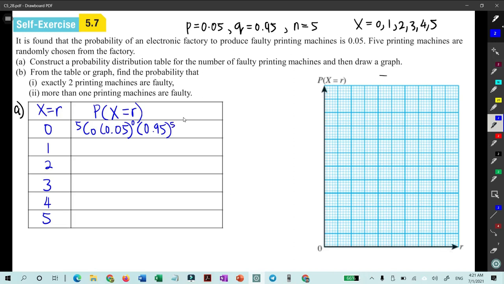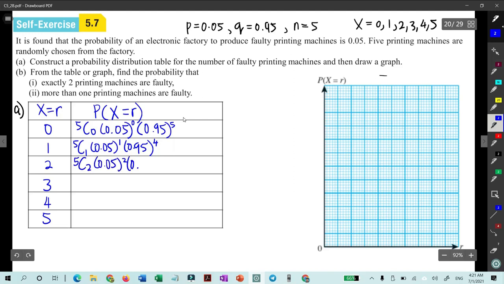Next, 5C1, 0.05 to the power of 1 times 0.95 to the power of 4. 5C2, 0.05 to the power of 2 times 0.95 to the power of 3. 5C3, 0.05 to the power of 3 multiplied with 0.95 to the power of 2. 5C4, 0.05 to the power of 4 times 0.95 to the power of 1.